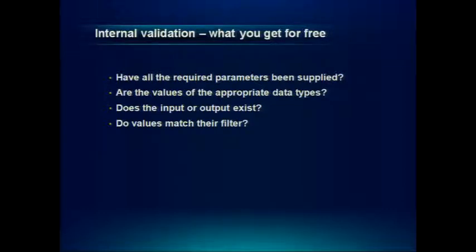If somebody typed in the name of a line feature class and you want a point feature class, you would get a big red X. Do the inputs or output exist? If the output exists, can you override it? Do values match their filter? In this case, you might have a choice list of filters, and I'll show that later on. And did the user type in a proper string? If it doesn't match that list, you get an error.